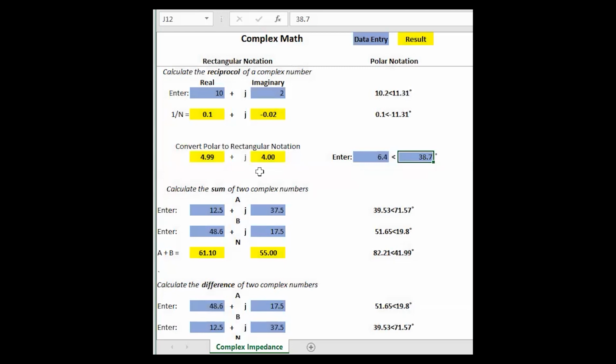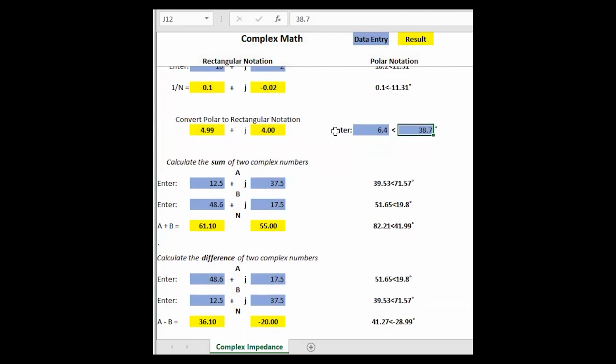So you can do polar to rectangular conversion. Enter anything up here, it'll convert it to polar. Enter it down here, it'll convert it to rectangular. Enter it here in rectangular, and it'll give you the reciprocal in rectangular and in polar.